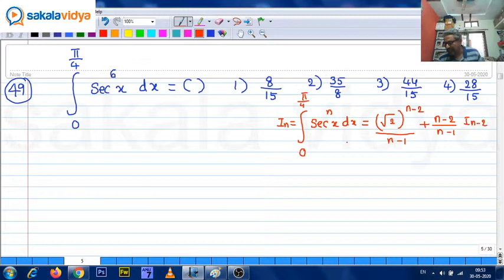Here I0 or I1 is used accordingly as n is even or n is odd. Okay, that we need to remember.